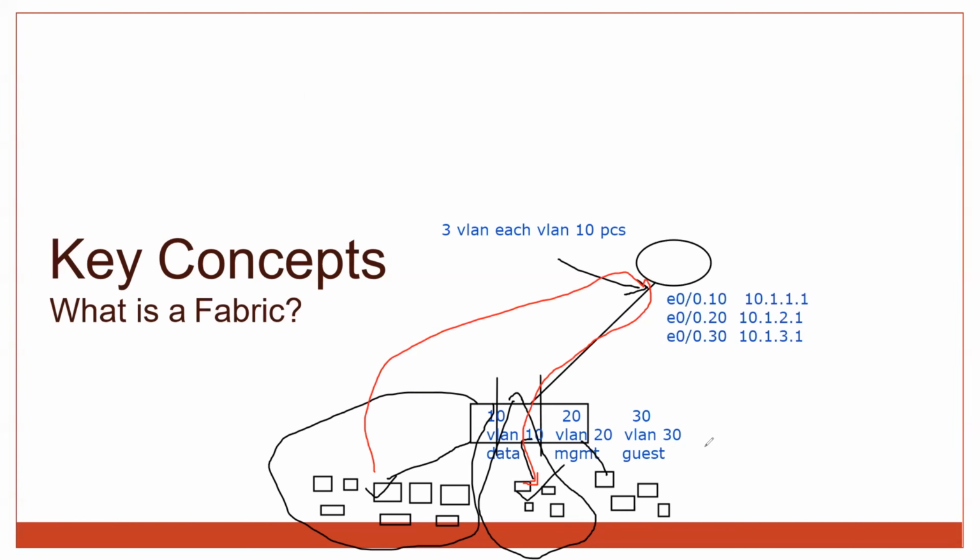Or maybe you will do this arrangement in the switch itself if it is a layer 3 switch, like a high-end switch. Within the switch, you will create SVIs. In that SVI, you will define the gateways. And within the SVI, they will do the routing within the switch itself. Right?